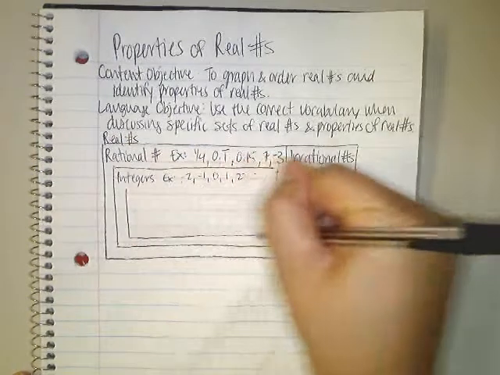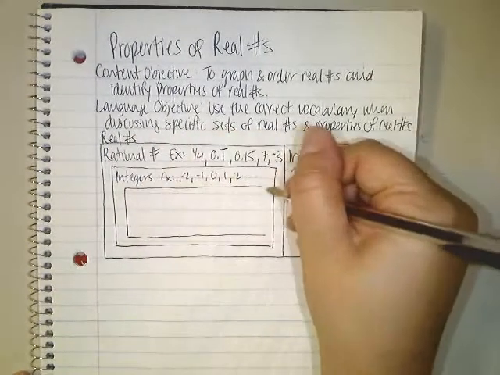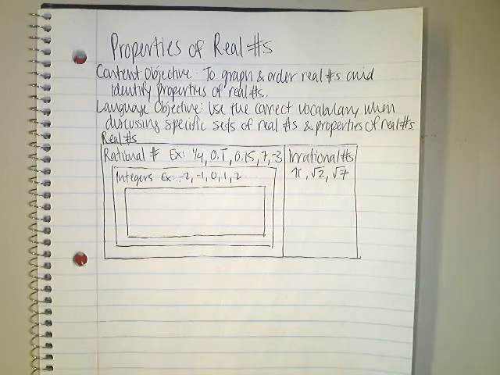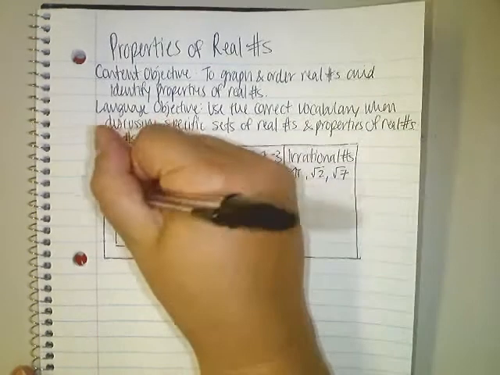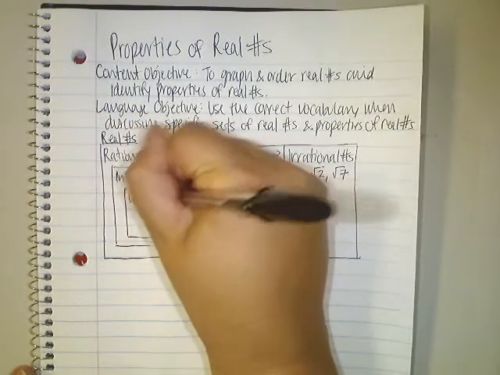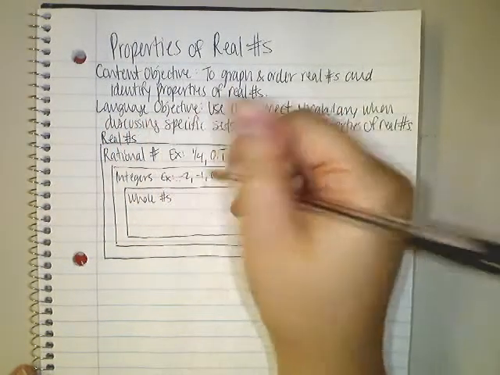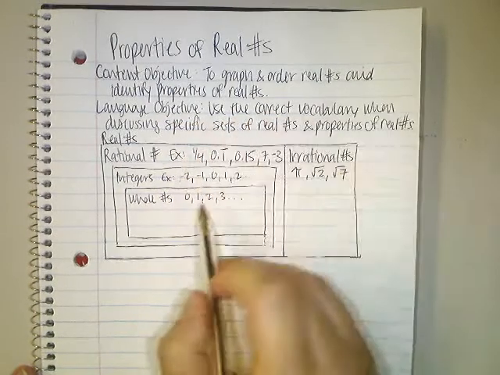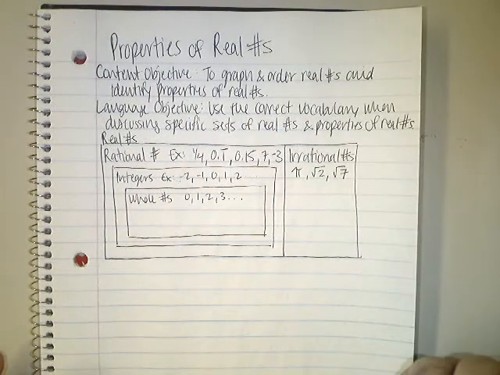Within that, we're going to further narrow our categories or make even more exclusive groups. So each group gets progressively more exclusive. We have whole numbers. And these include 0, but it goes 0, 1, 2, 3, and so on. So in this case, we're no longer including the negative numbers.